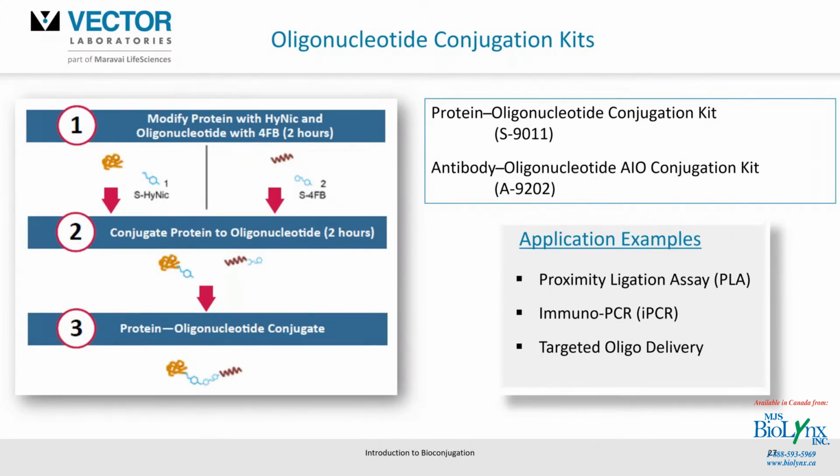And examples I've got here of where they might be used, and some of you may even be using these applications or techniques out there: proximal ligation assays, whereby you might have different antibodies labeled with different oligos, and when they're in close proximity, obviously you get that hybridization occurring. Similar would be an immuno-PCR reaction, and also targeted oligo delivery.